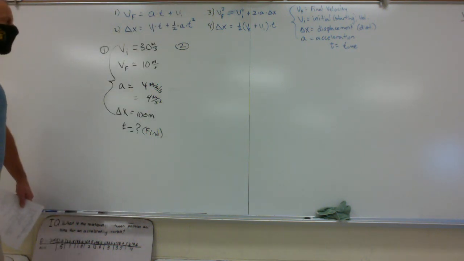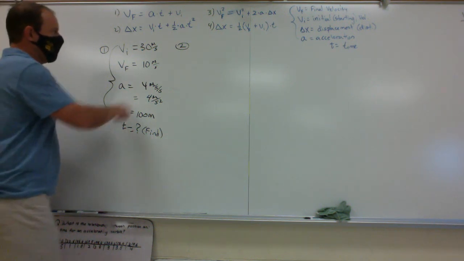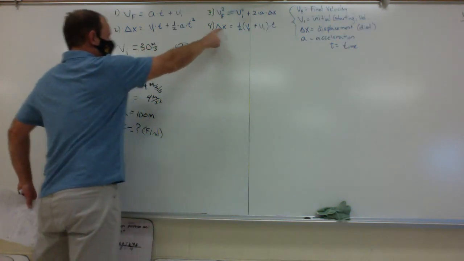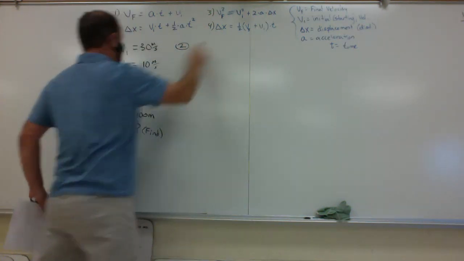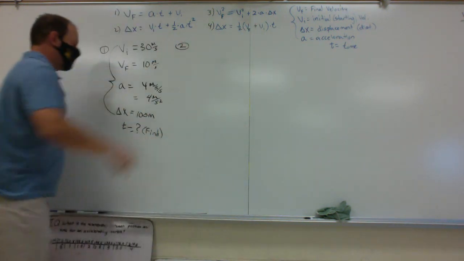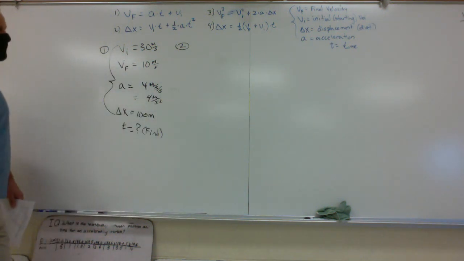So you really have a lot of choices. I would use the simplest one when it comes to algebra if it were me. We did use that one there. We could easily use that one again, where you plug in 30 for your initial, 10 for your final, and your 100 for your delta x, and you can solve it for t.